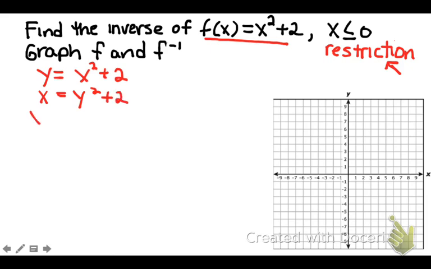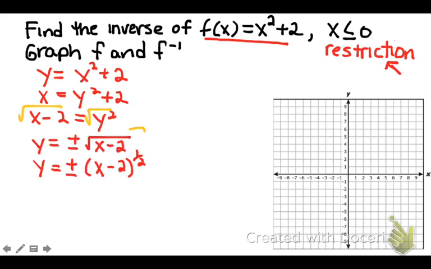I'll subtract 2 from both sides. And then we need to take the square root of both sides. These two say the same thing. We have a plus or minus because we had an even root.